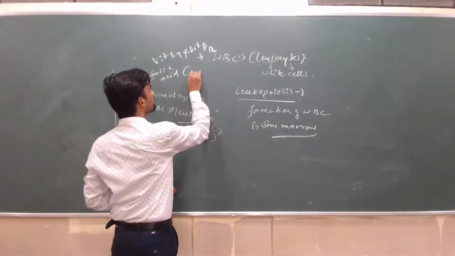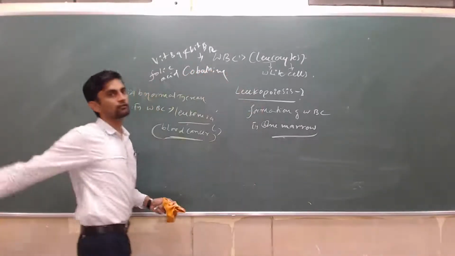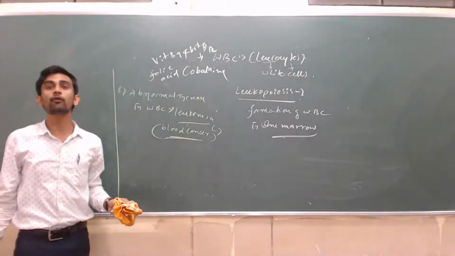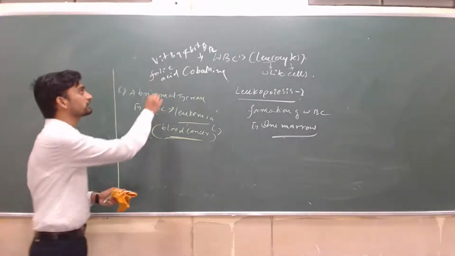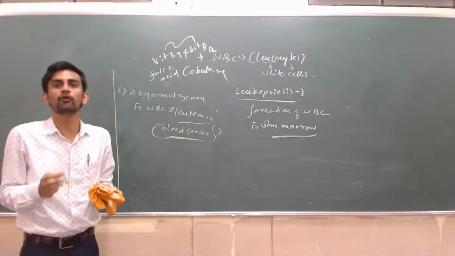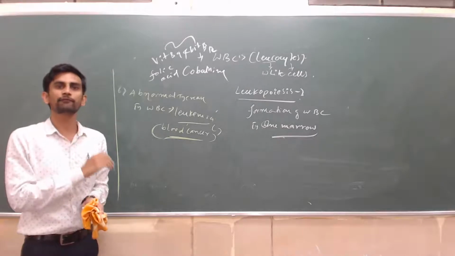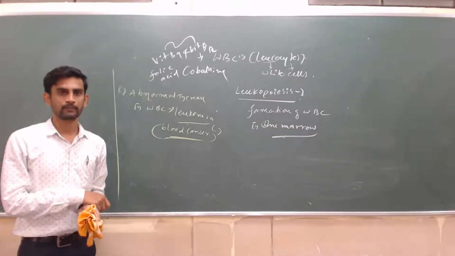B12 we can also call cobalamin, or methylcobalamin. Deficiency of these two vitamins may cause anemia or less hemoglobin in our blood, especially in RBC. Then only we'll start suffering from anemia. Are you getting my point?